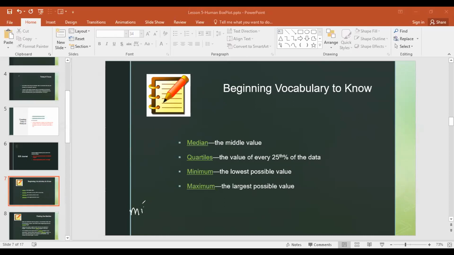Then you have your median, which is your middle value. And then you have your maximum, that's your highest value. And then our quartiles, now from the minimum to the median, that represents 50%.